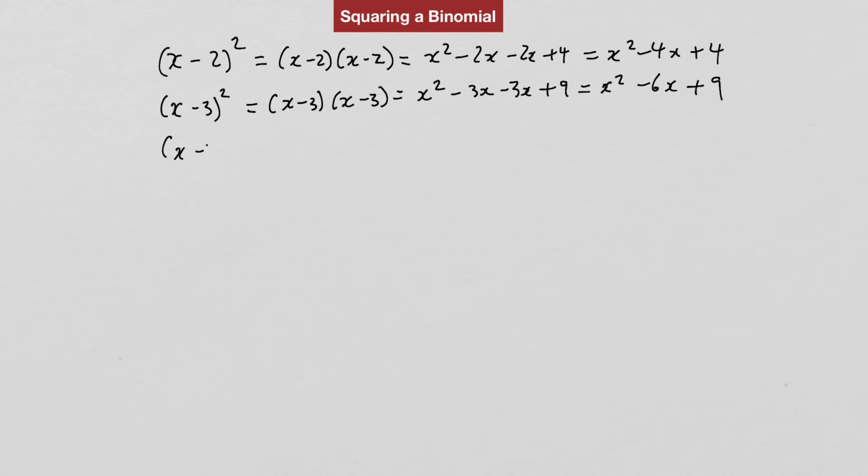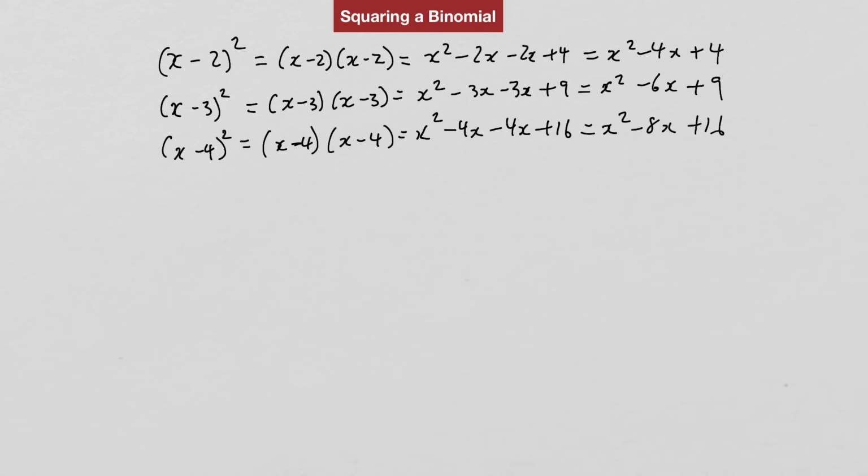X minus 4 quantity squared is equal to the quantity x minus 4 times the quantity x minus 4. Using the FOIL method, that comes out to x squared minus 4x plus 16, and that simplifies to x squared minus 8x plus 16.